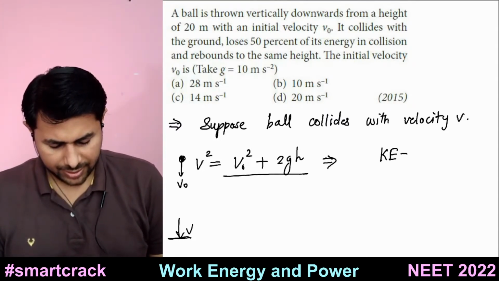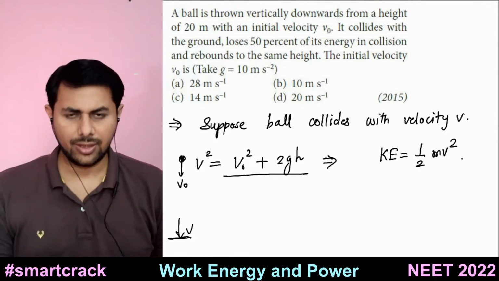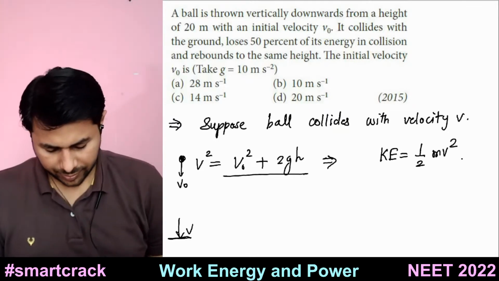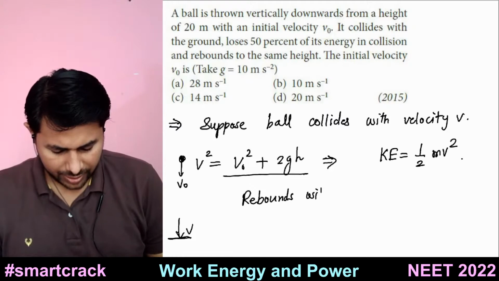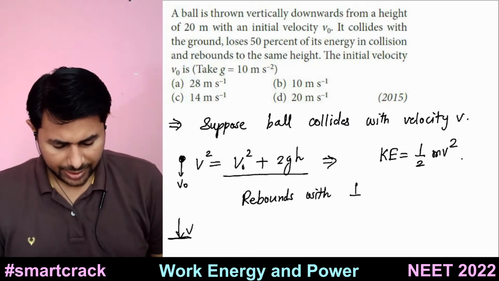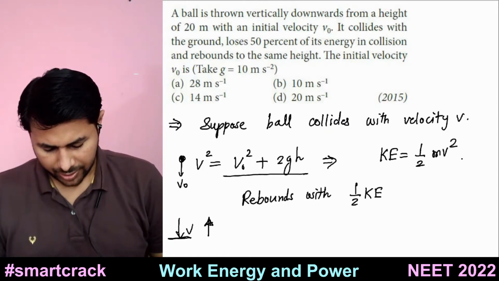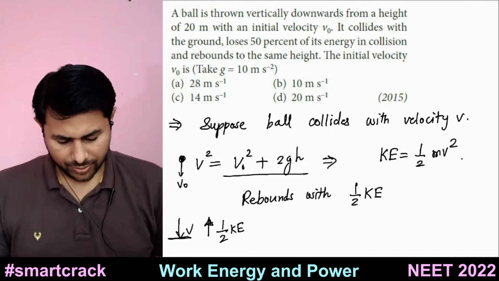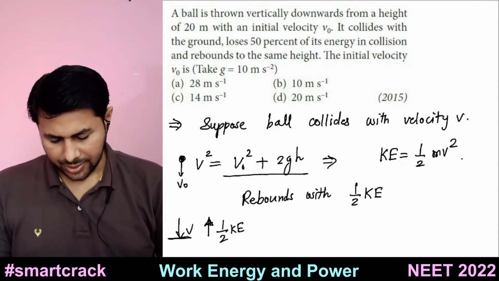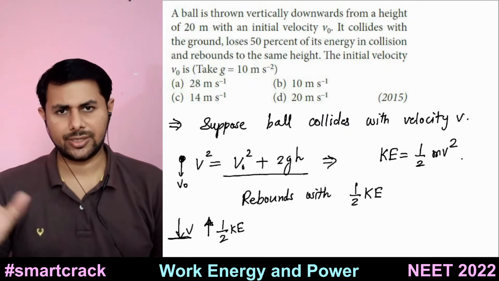Kinetic energy when it reaches the ground is half of m into v square, and it rebounds with half of the kinetic energy. So kinetic energy when it goes up equals what? Half of the kinetic energy with which it falls. So then it reaches the same height h.